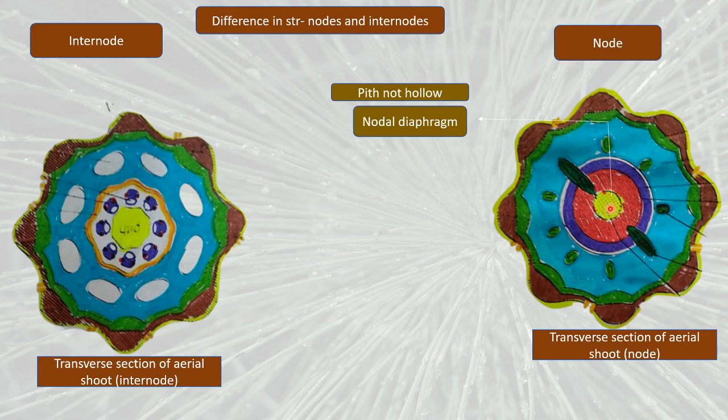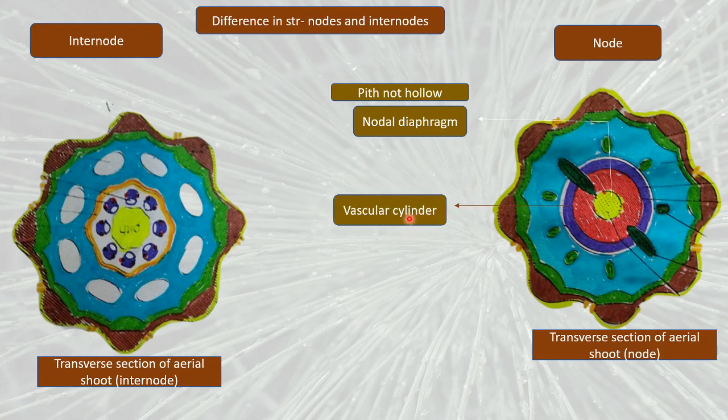So whenever there is air blowing, or whenever there is bending pressure, this node will help the plant from breaking. So this is the work of the nodal diaphragm, which is very important, because if this is hollow, then the plant will not stand properly. So the nodal diaphragm is present here, and it is absent in the internode.